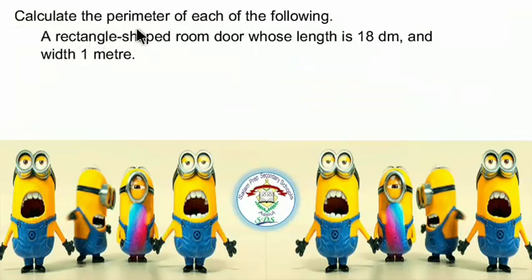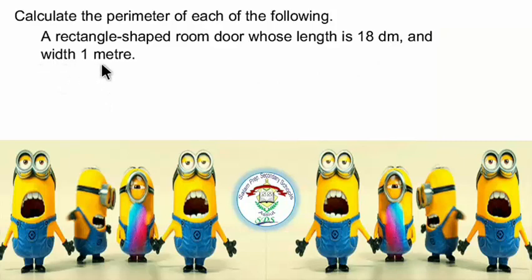Calculate the perimeter of each of the following. A rectangle-shaped room door whose length is 18 decimeters and width is 1 meter. Given length 18 decimeters, width 1 meter.